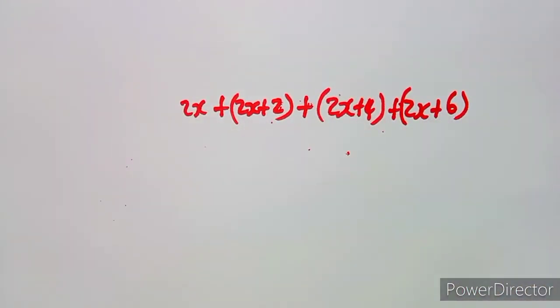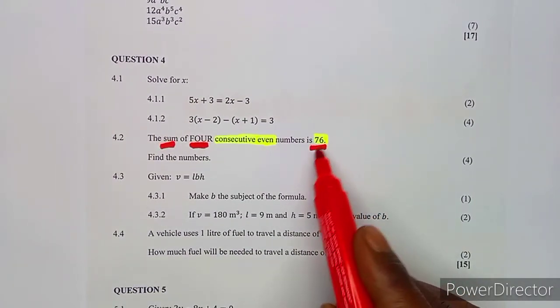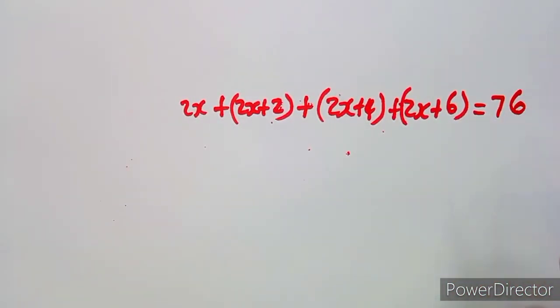And when we added these terms together, we obtained 76. So that means you have formulated an equation that you are supposed to solve.